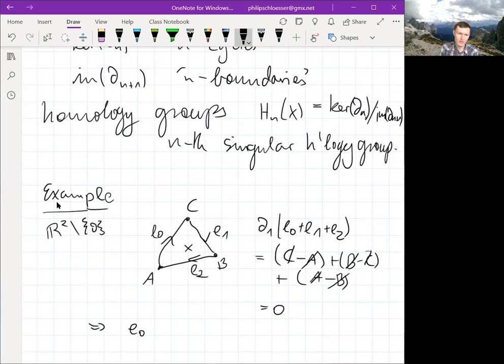So E0 plus E1 plus E2 is a cycle, but not a boundary.